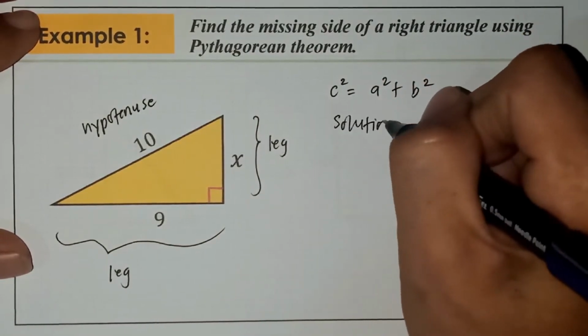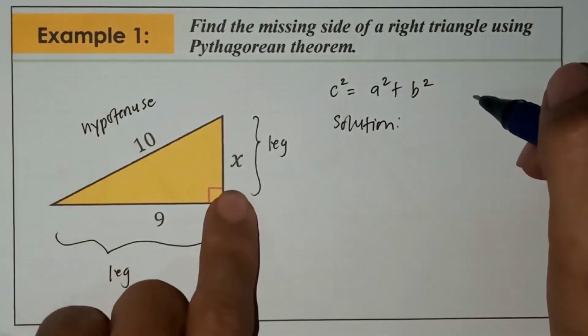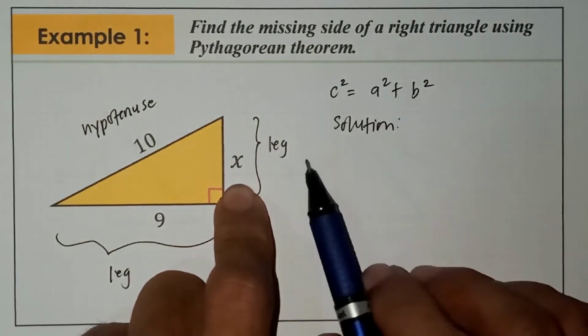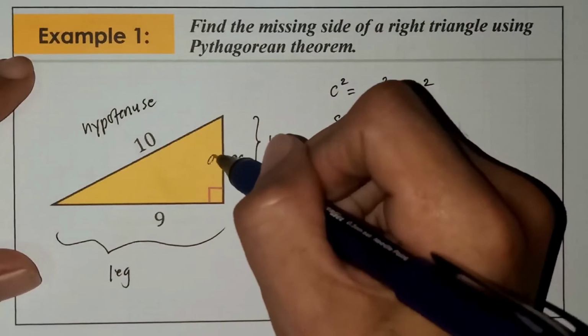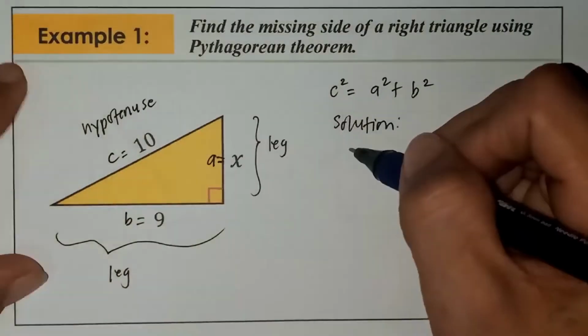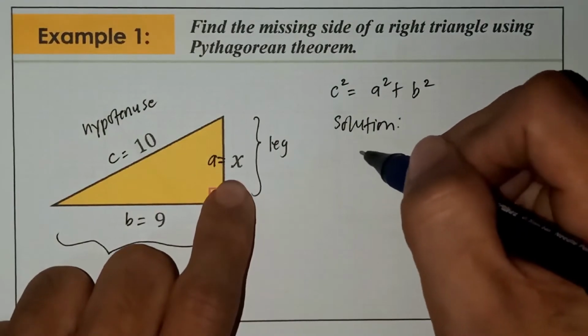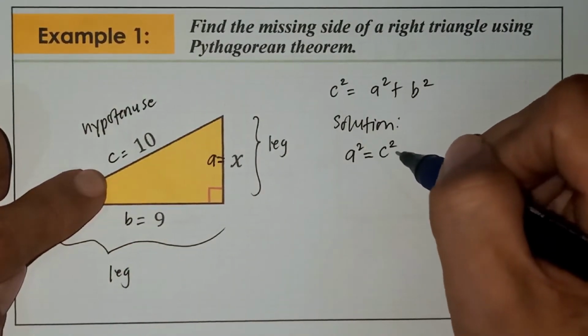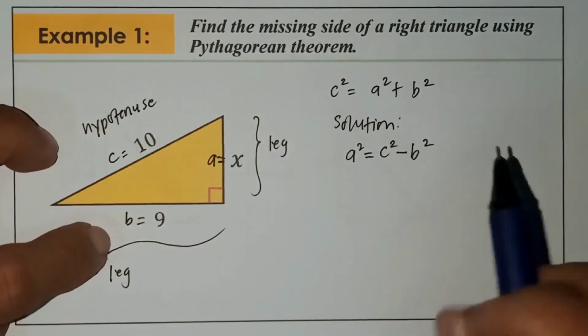For the solution, since the missing side is a leg, it might be A or B, but in this case, let's make it A, this is B, and that is C. The missing is A, so A squared is equal to C squared minus B squared.